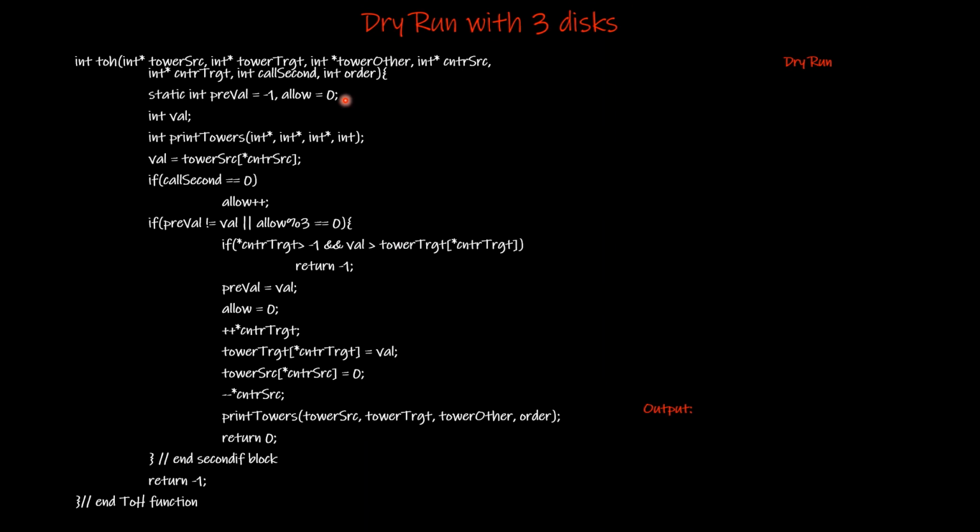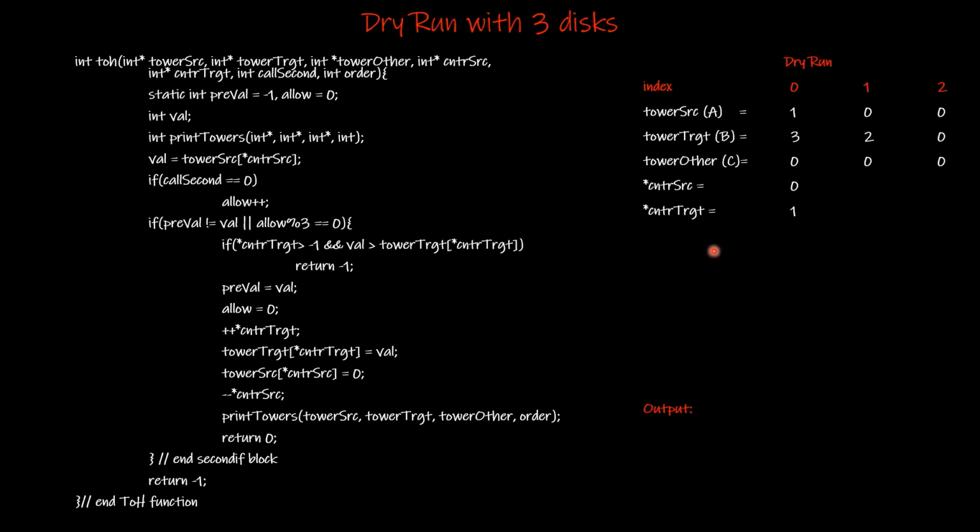So back to the TOH function, and these are the parameter values. We have counter source set to 0, counter target set to 1, call second 0, order is 1 2 3, then pre-value set to 2, allow to 0 from the previous function call.